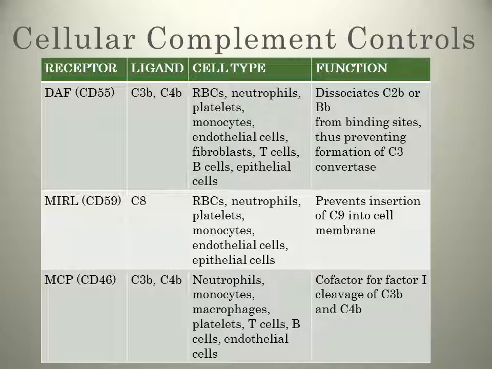I don't think that's important at all, but I just want to give you the complete picture. And to me, all these controls suggest that there's an awful lot of built-in brake pedals for this system, because if it's allowed to initiate and run unchecked, we've got a big problem.